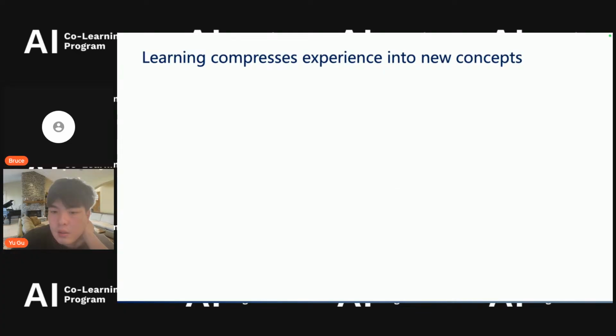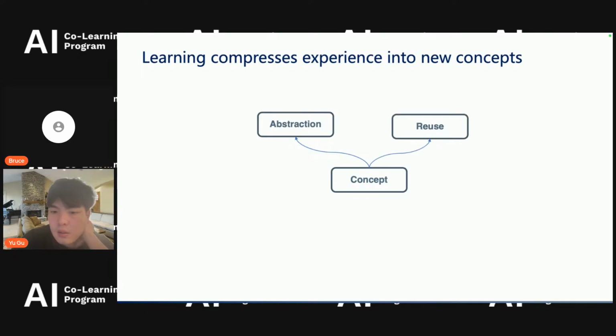A core aspect of memory representation, as we discussed before, is that we need to form abstraction. We need to form new conceptualization instead of just noting things down, just memorizing things. It's actually quite interesting: the term concept is related to several other frequently used terms, like abstraction. We need to mine the concept from the interactions. We need to form the abstraction, which is also related to reuse. With the same abstraction, you can point to different cases.